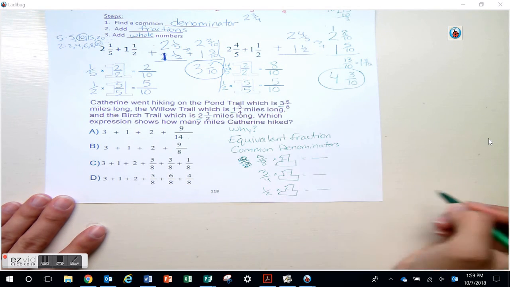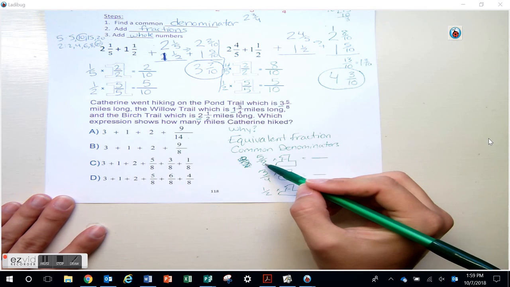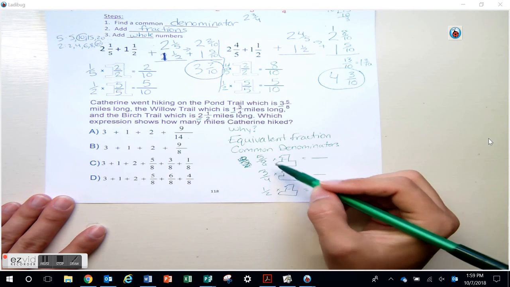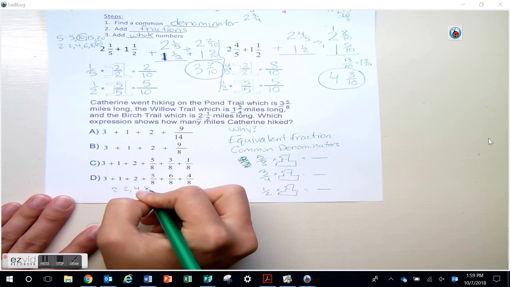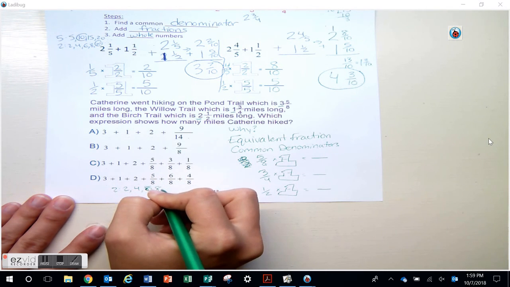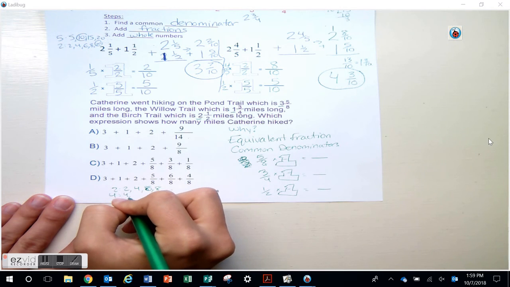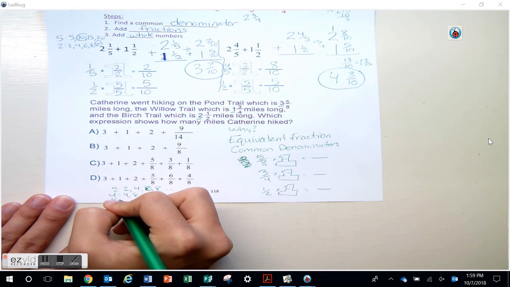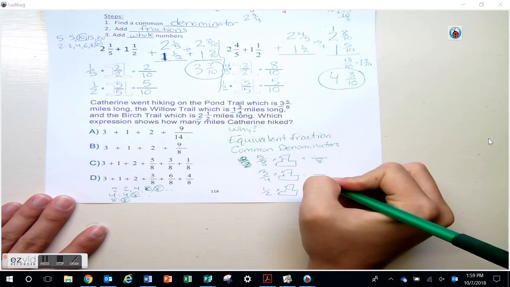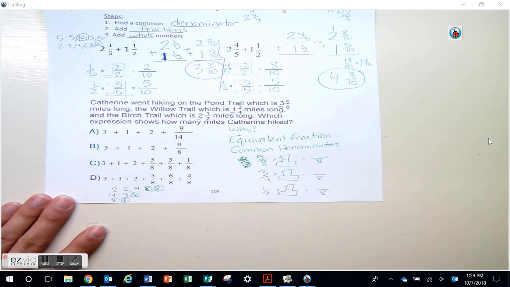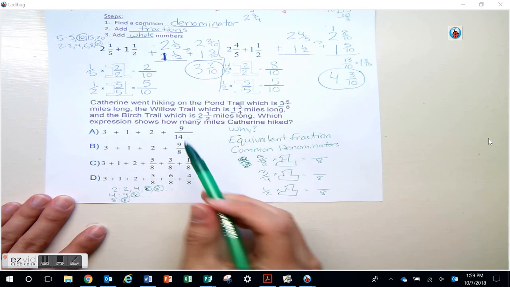What is my goal for a common denominator? Let's see, I know 8 can multiply to be 8, 4 can multiply to be 8, 2 can multiply to be 8. So 8 is going to be my common denominator.